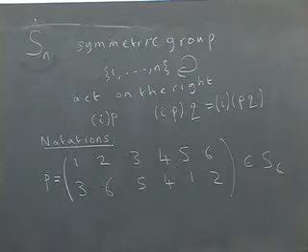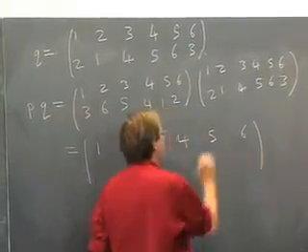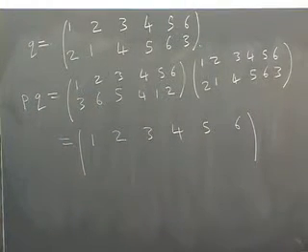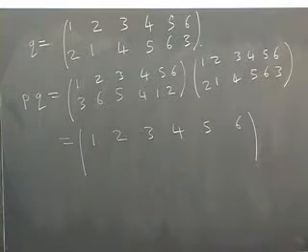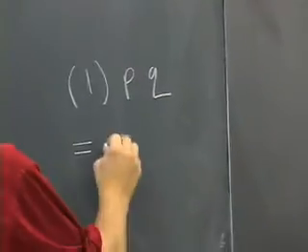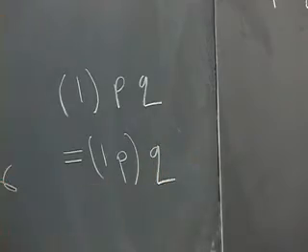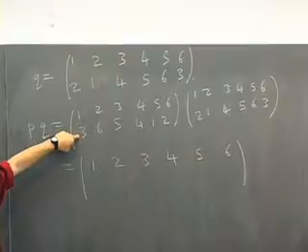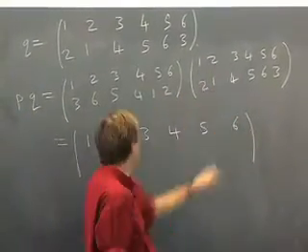So if I want to figure out a product of two such things, what do I have to do? I have to figure out where 1 goes. So I have to figure out the image of 1 under the product PQ, which is the same as 1 acted on by P and then acted on by Q. So 1 under P goes to 3, and then under Q, 3 goes on to 4.